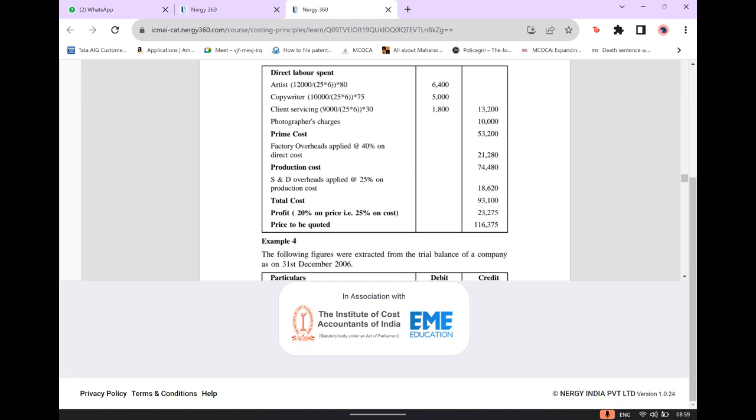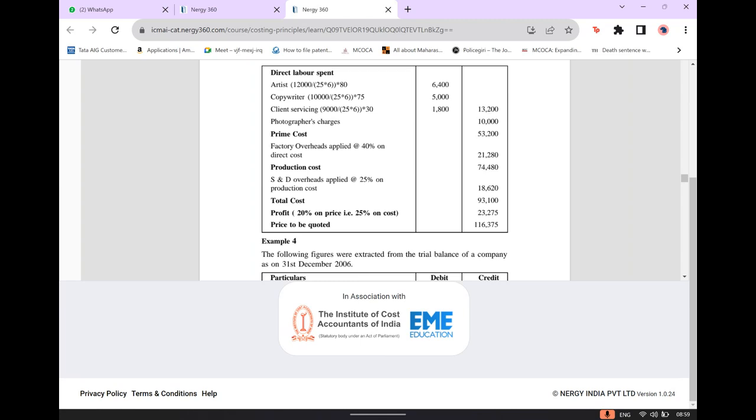So the profit, if they are saying it is 20% on the selling price, then it will be 25% on the cost. So you remember we have worked it out. So 100 into 25 by 80. So that will give me the price.